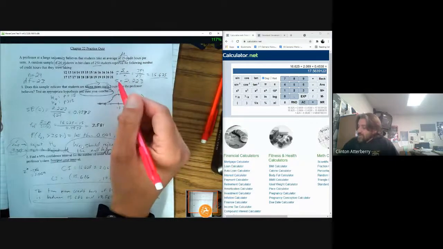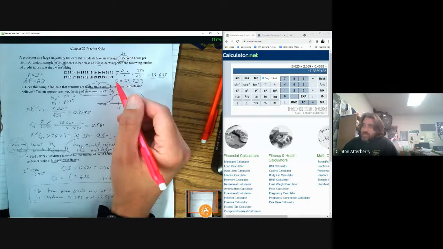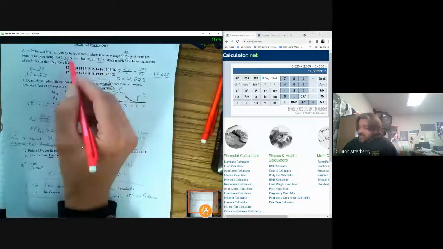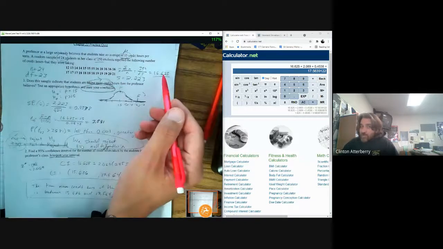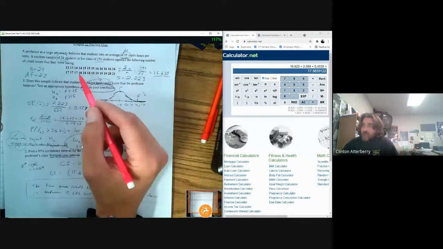For our standard deviation, that's calculator work. What you're supposed to do is find the average, take each number, say like 12 minus this number, square that number, and then do that for all of these numbers.